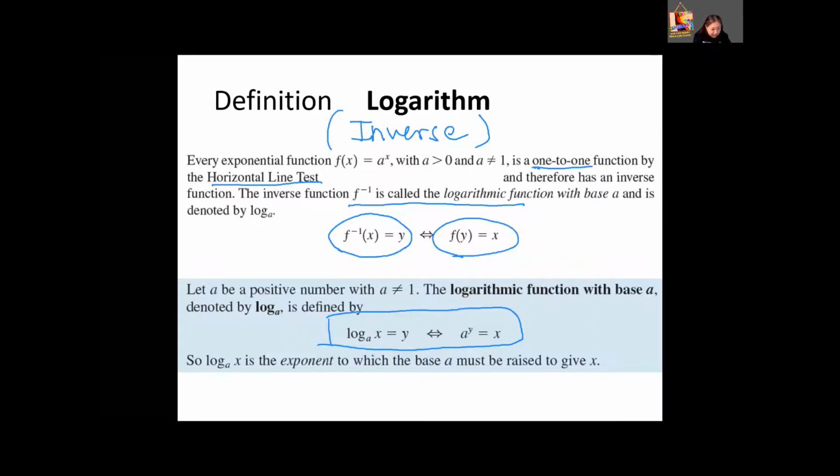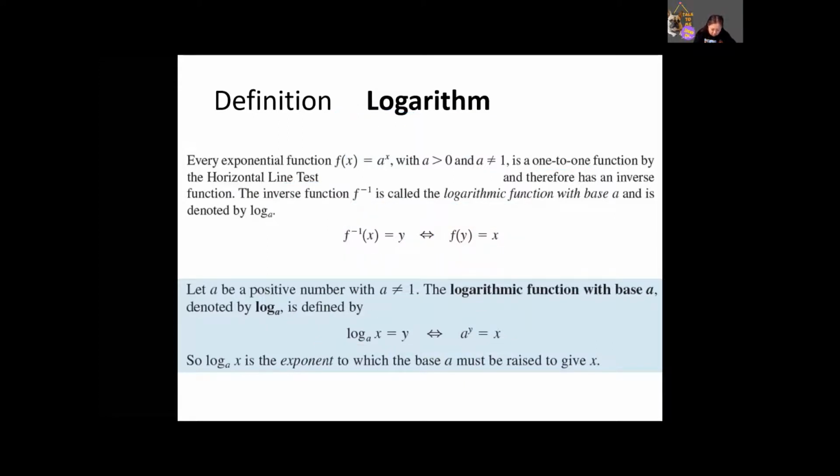This is all stated on this page, so read it carefully, take some time, and contemplate it afterward. But the key word you have to remember is inverse. The two functions that we are dealing with in Unit 2 have the relationship of being inverse to each other. It's not one to the other, it's vice versa, okay? And now, next.